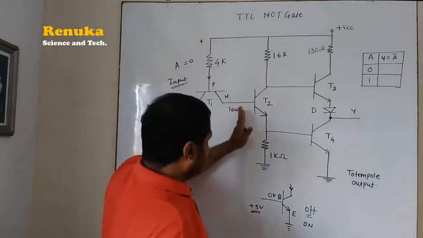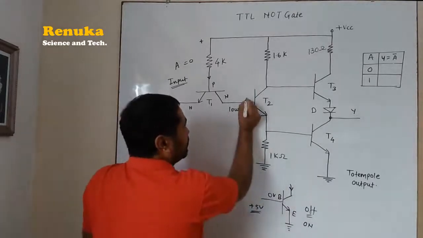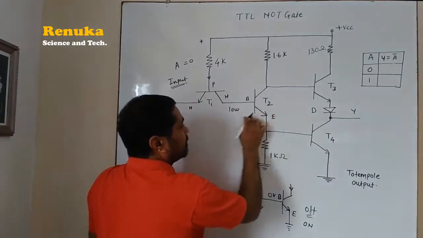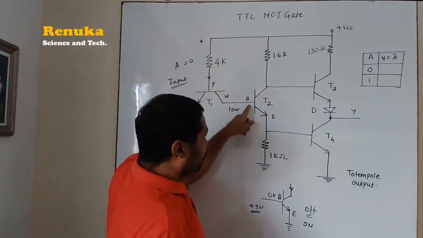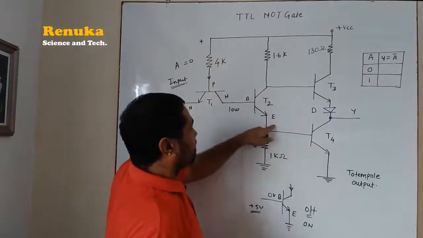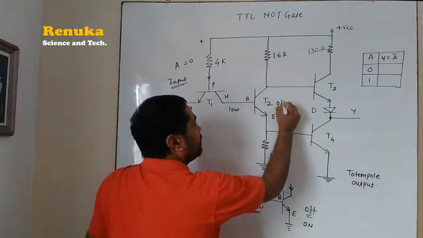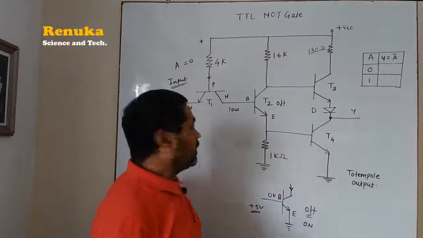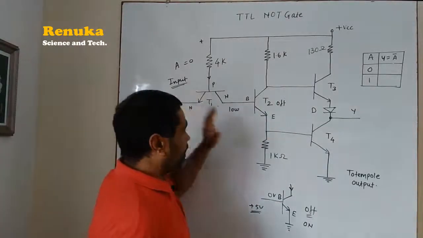And if transistor T2 is getting low voltage, then base to emitter of T2 is getting 0 volt. That means there is no voltage to make it forward biased between the base and emitter, so this transistor will be off. So here T1 is on, T2 is off.